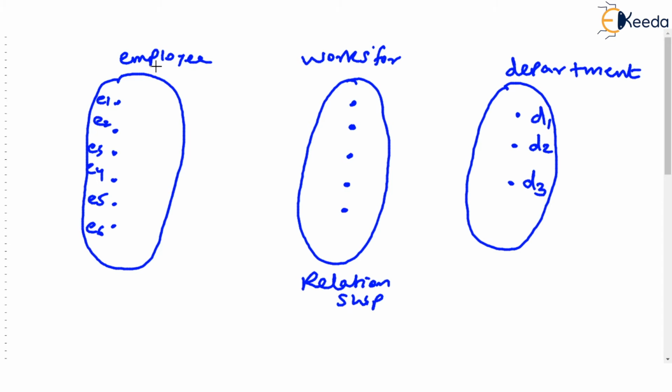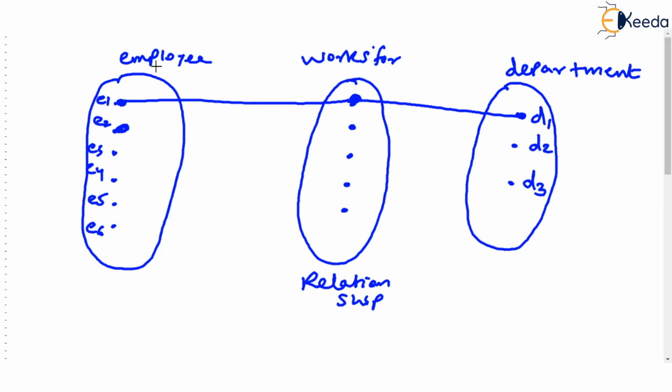Now let's say that this employee E1 is working for department D1. Then we will join this E1 to D1. But we will join E1 to D1 through a node of works for. Okay. And once the node is utilized, this node is utilized, we will not use it again. So let's say E2, this employee E2 is also working for the same department D1.